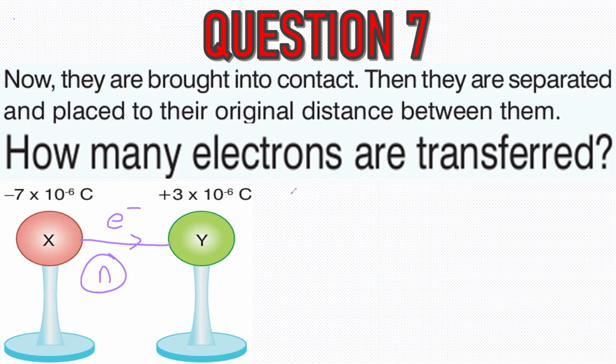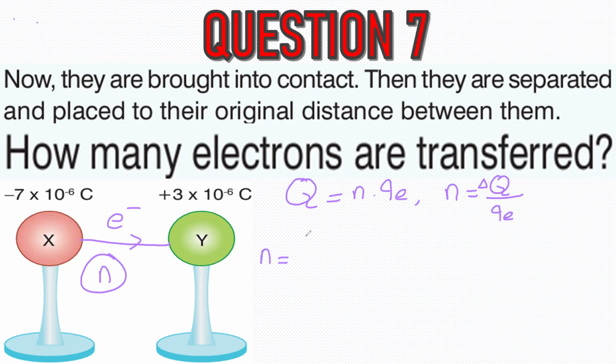Let's start. Our formula: Q equals N times Qe, and N equals Q over Qe. But now we are using delta Q. What is delta? Change in charge. So N equals, we can write N first, N equals delta Q over Qe.